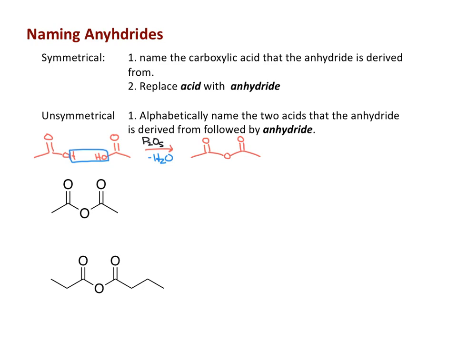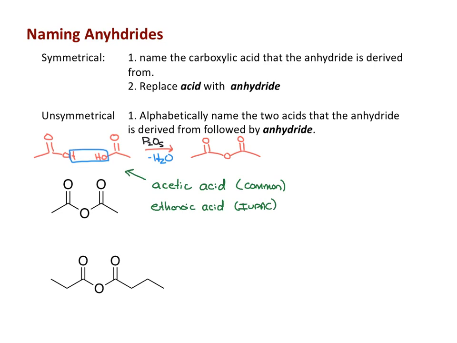But the way we're going to name the anhydride is based off of the carboxylic acids that would come together to make it. So for example, in this case, we've started with acetic acid, which is a common name, or you could call it ethanoic acid, is the IUPAC name.